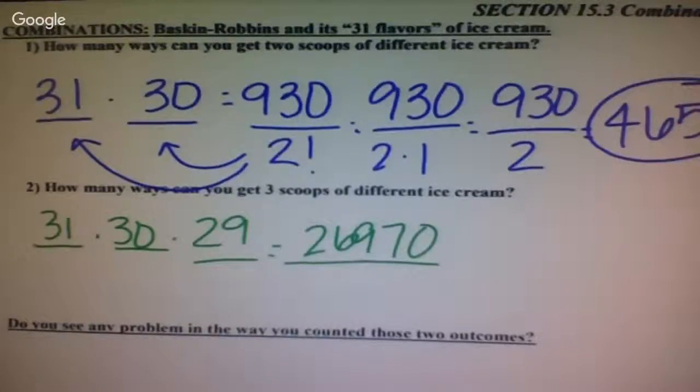Divided by 3 factorial, because I've got 1, 2, 3 slots.